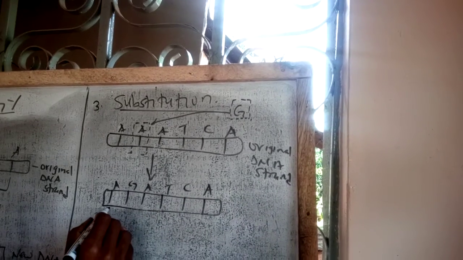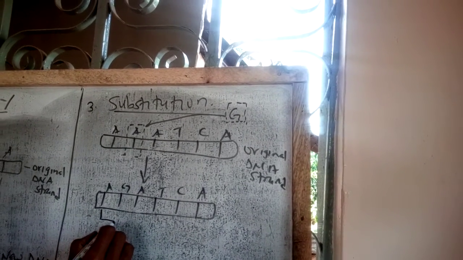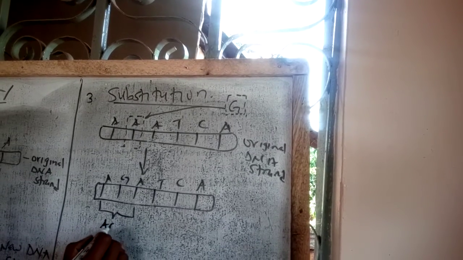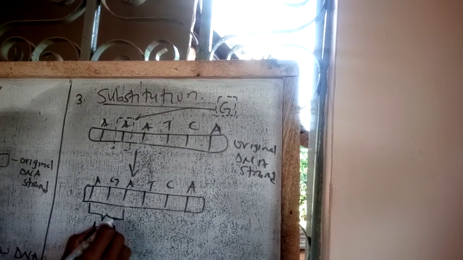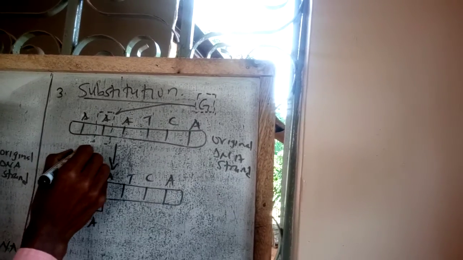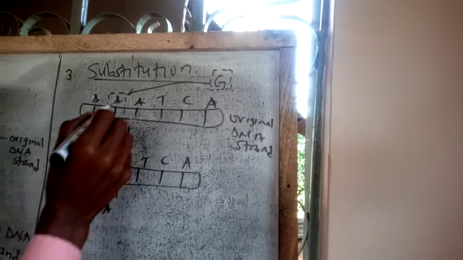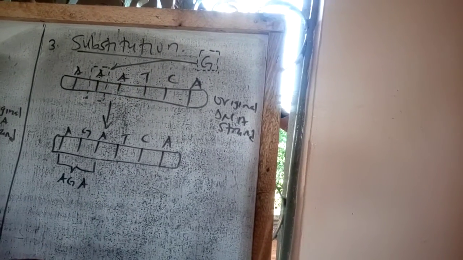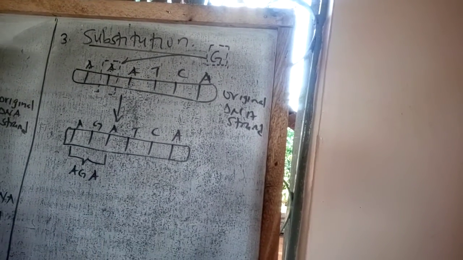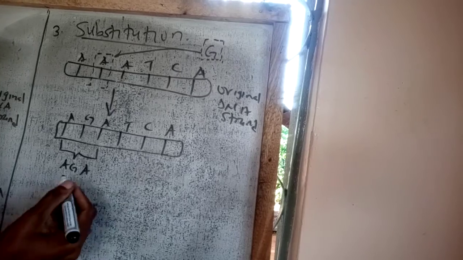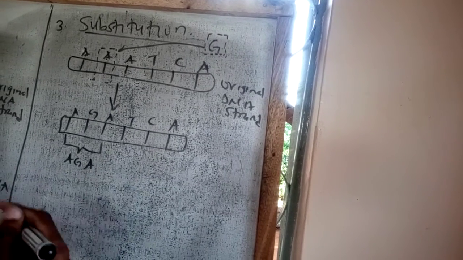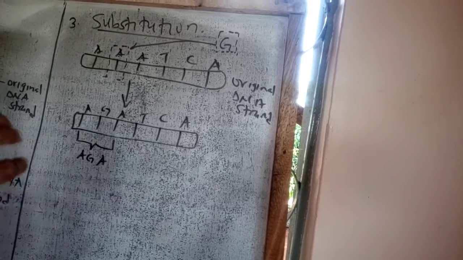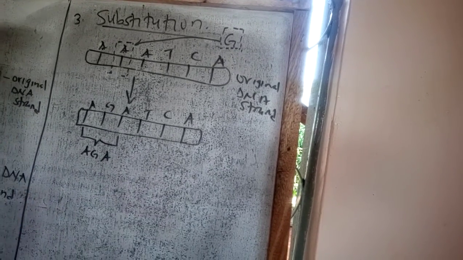And therefore you can see that the resulting new codon, the first new codon, will be AGA. What about the initial one? The initial one was AAA, and therefore AAA is a codon which is coded for the synthesis of a particular protein. What about AGA? It is a different codon, and therefore it is coded for the synthesis of a different protein.